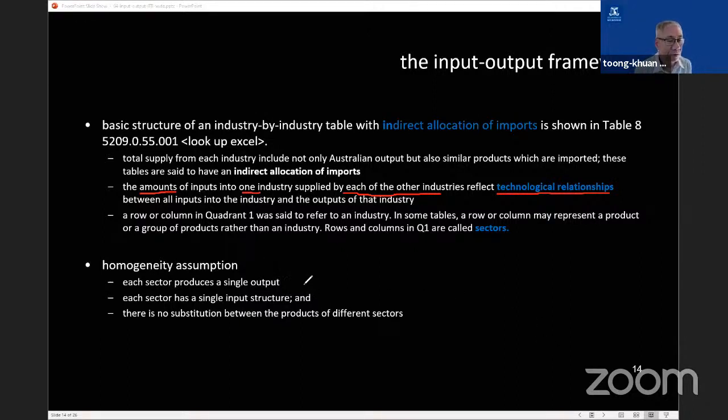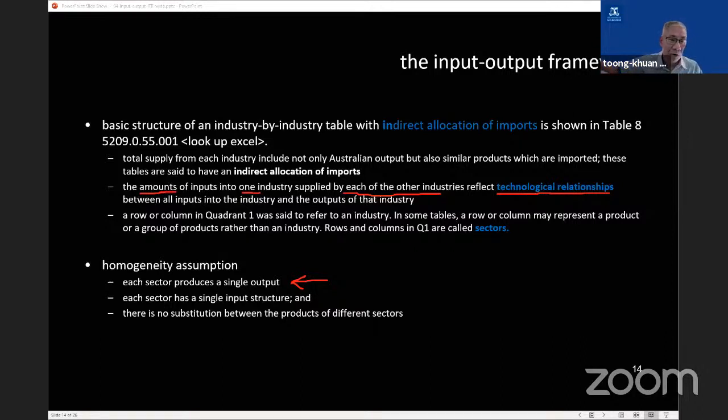Some assumptions. Let me now move to assumptions because you need to understand these very well to understand how to use input-output tables. We assume that, for example, construction, one sector produces a single output. To be more accurate, you cannot use the 17 sectors that I've shown you.